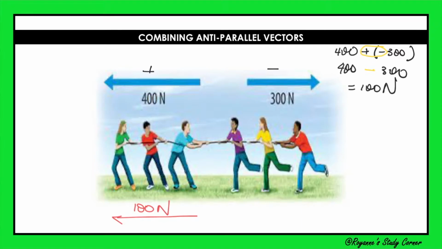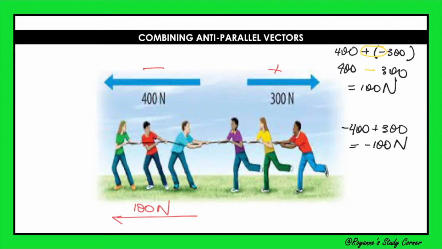So now, let me erase this, and I put this side as negative and this side as positive, then it means we add as usual. So we'll be adding negative 400 plus 300. What does that give us? That gives us negative 100 newtons.